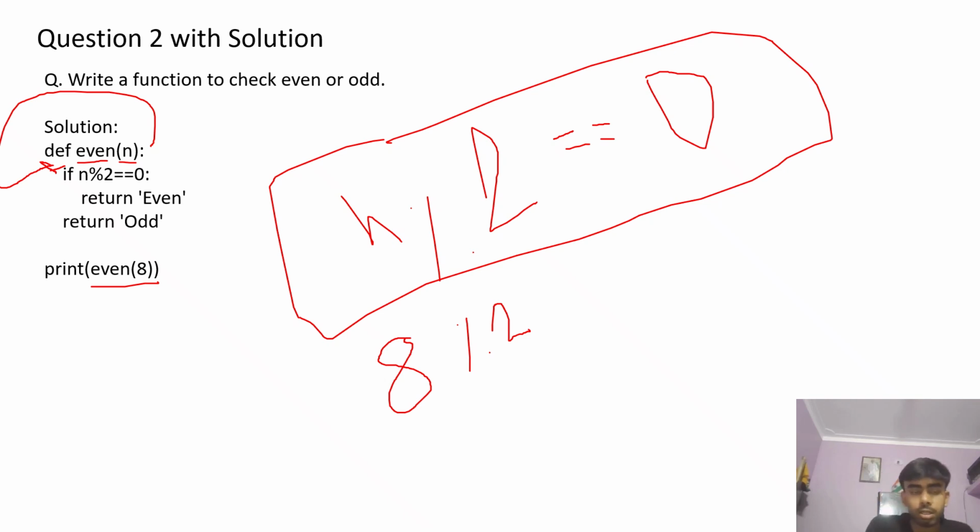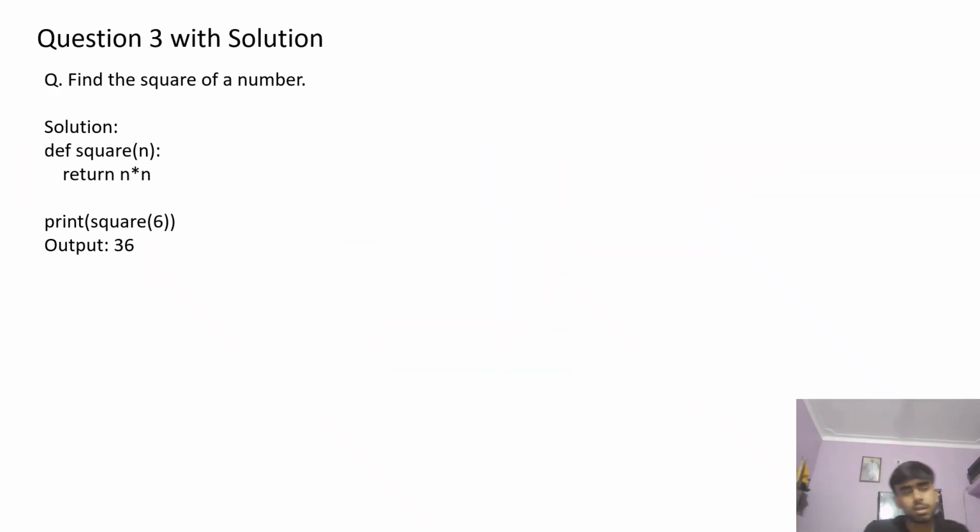I hope you understand what is happening here. Suppose you take 9; if you divide 9 by 2, you get remainder 1, which is not applicable here. That means that is an odd number. So using this code, you can easily find out whether your number is even or odd. Now come to the next slide.